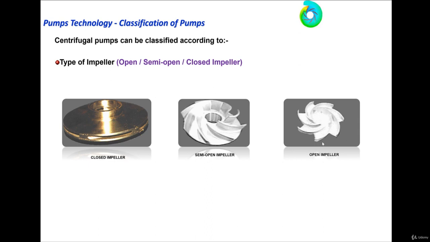If you use a closed impeller there, it will be clogged, so you have to use the open impeller. This is the exception, the submersible pump, but almost 90% of centrifugal pump applications use this highly efficient type, the closed impeller.